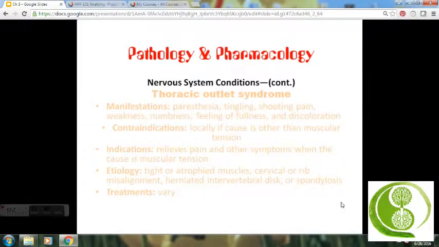Okay, and then we have thoracic outlet syndrome. We go into this more specifically later on, so don't stress too much about it. Thoracic outlet syndrome manifests as paresthesia, tingling, shooting pain, weakness, numbness, a feeling of fullness or discoloration in the affected arm.